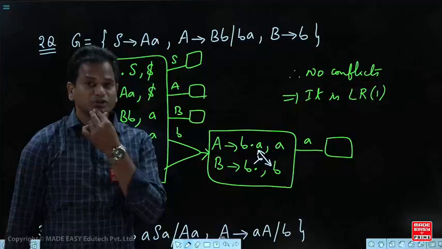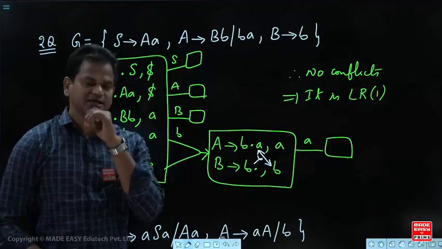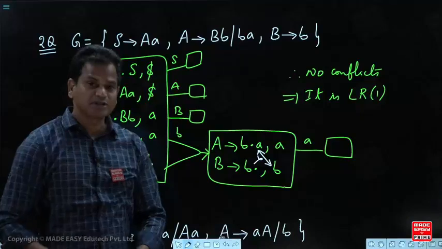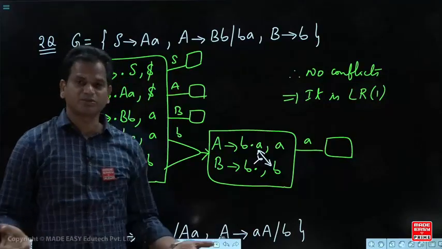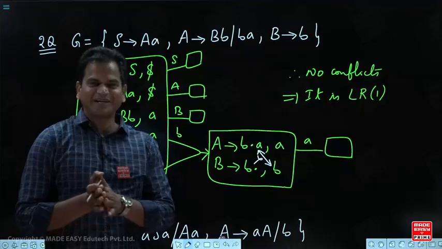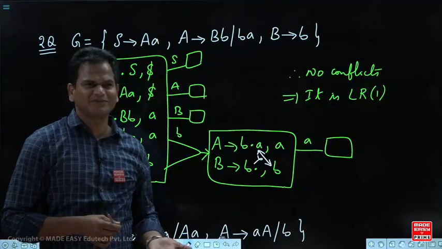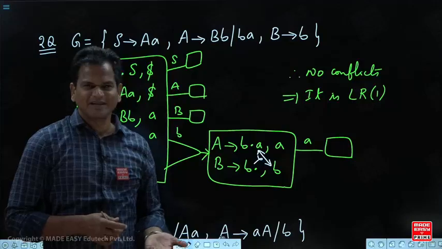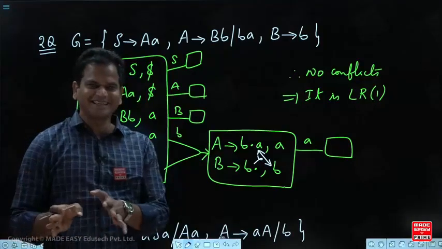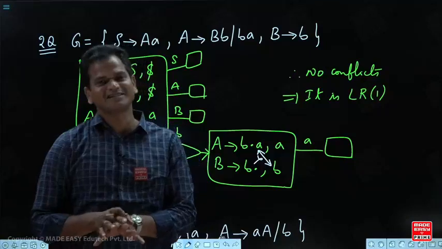So they ask you the question like this. They give you grammar, they can ask you the number of states. It is very simple. Some questions may have 12 states or 20 states, 25. And last time by mistake, I gave you one question in the test series that got almost 25 states. At the time of giving, I didn't check that many states would come, but I gave it in the test series.